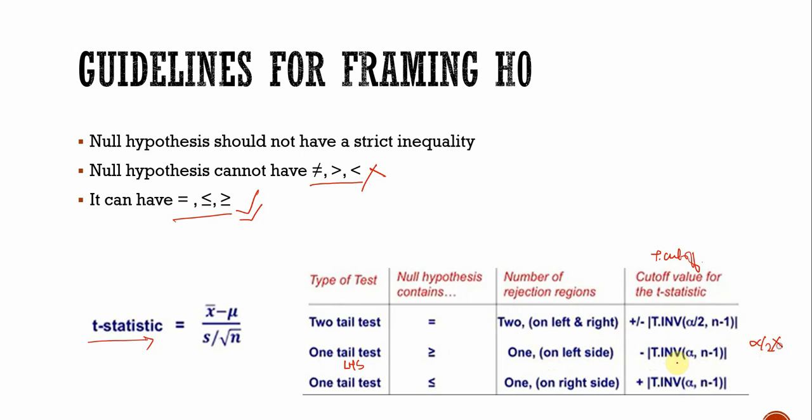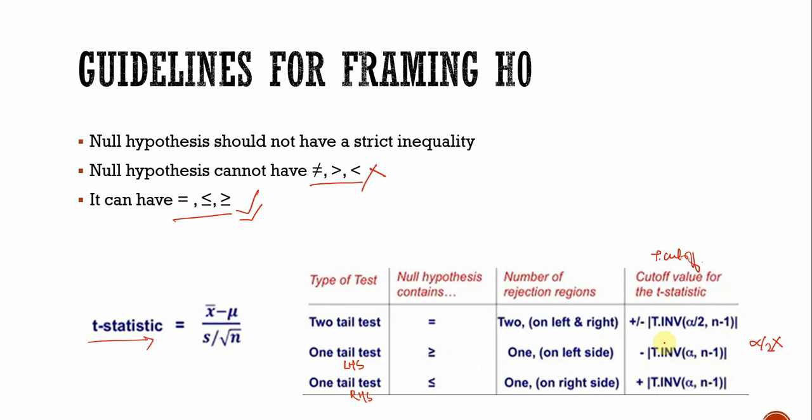We only write alpha comma n minus 1. And the next one is the one-tailed test on the right hand side. So we write less than or equal to, the number of rejection regions is 1 on the right hand side, and the cutoff value will be calculated using plus T.INV alpha comma n minus 1.